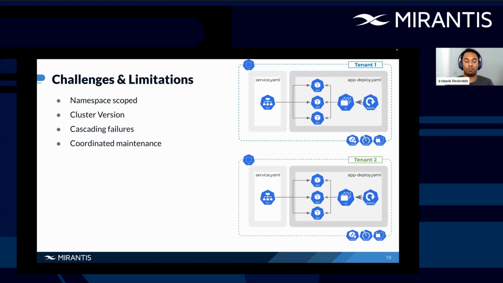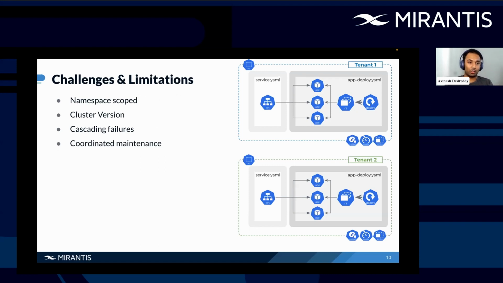What if a particular team wants to work with the new set of features released in Kubernetes, but there are other groups in the organization that are still using the deprecated features or certain APIs which will be removed in the newer version? So cluster versioning is always a challenge in a shared environment.